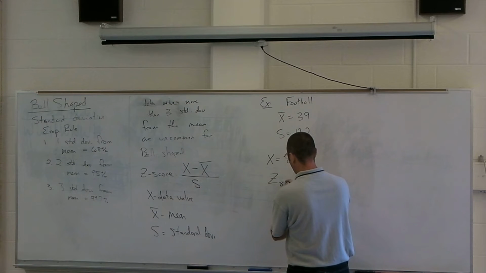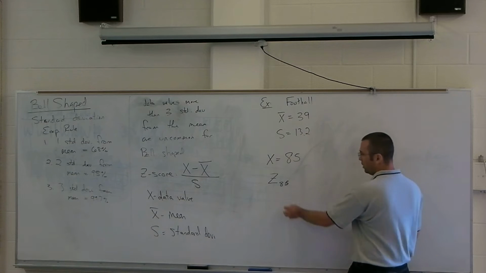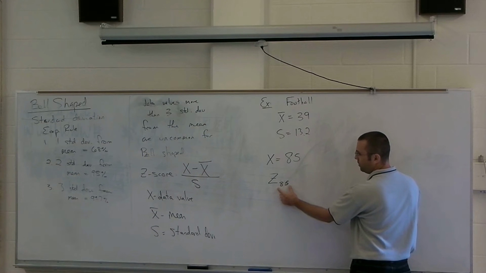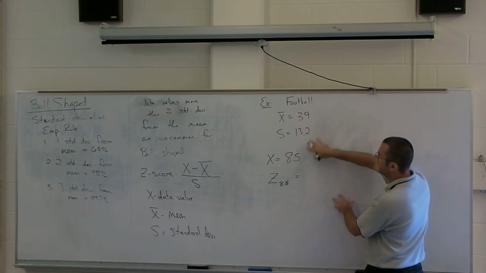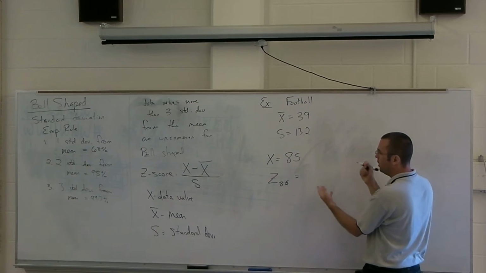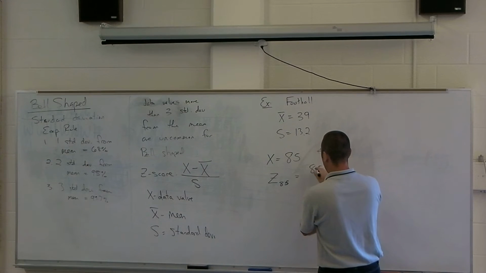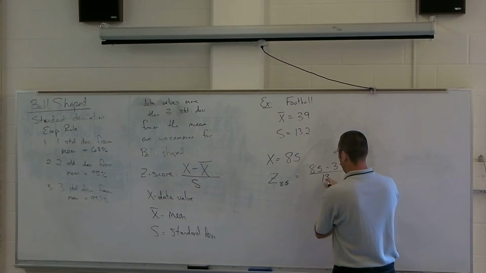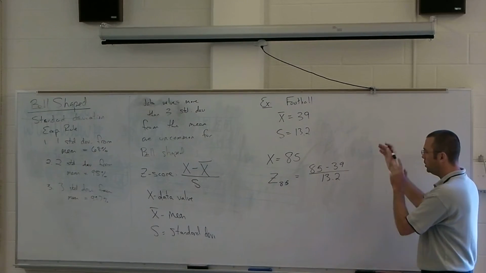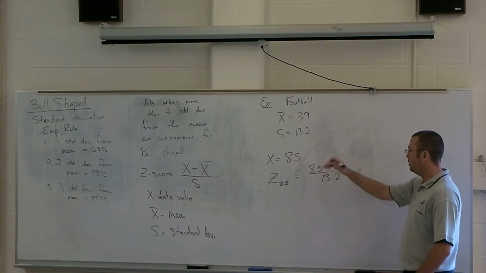And in calculating that, this is the notation that I will use whenever I'm calculating a z-score. Z-score, down here, the little subscript represents the data value for that z-score. In this case, I'm just going to plug these values into that formula and figure out how many standard deviations this 85 is away from our mean. All right? So we plug everything in. We do the subtraction.